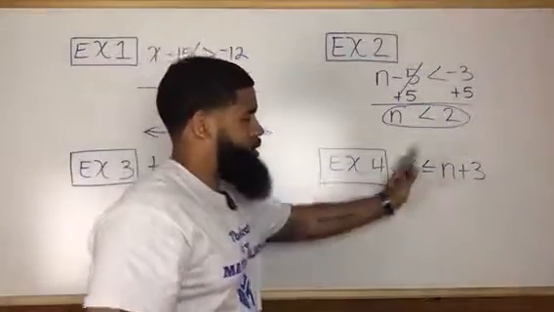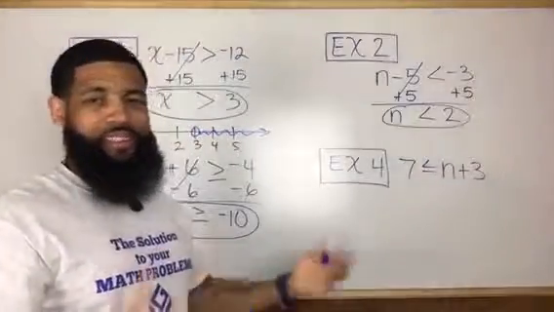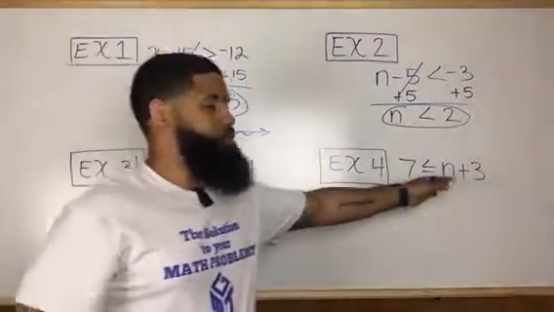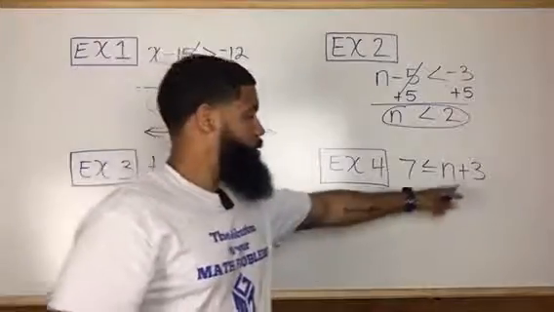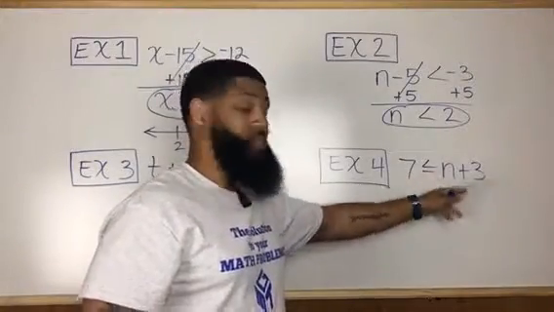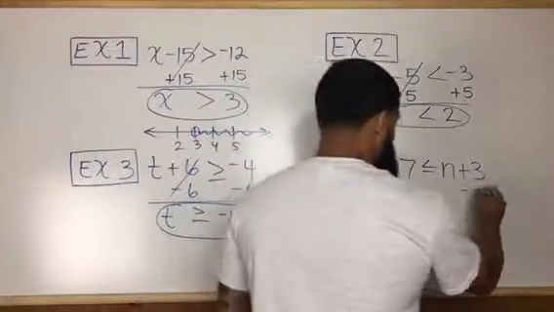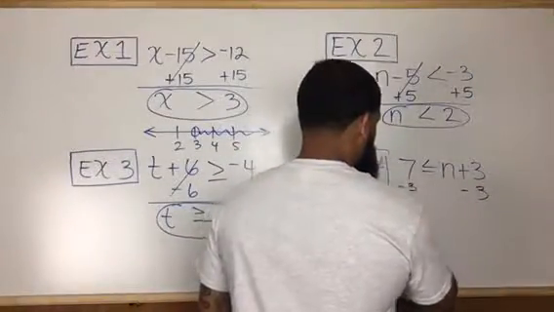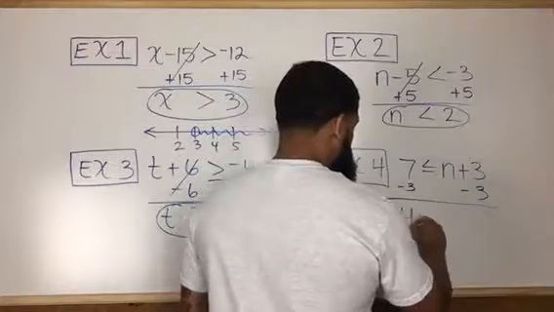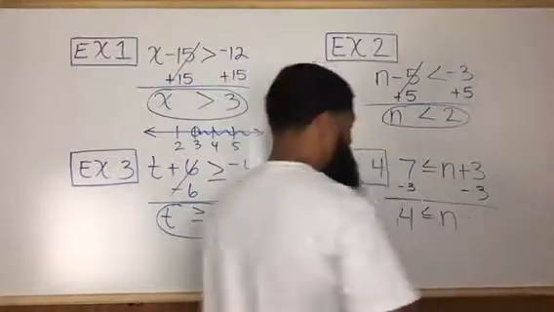Last but not least, this one looks slightly different, but it's the same process. The variable is just on the right side. If I have 7 is less than or equal to n plus 3, the opposite of adding 3 is subtracting 3. So I'm going to subtract 3 there, subtract 3 there. 7 minus 3 is 4. 4 is less than or equal to n.